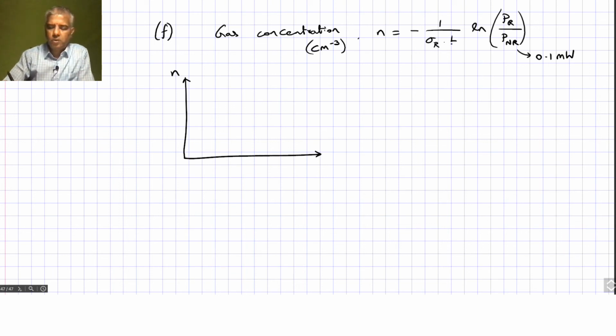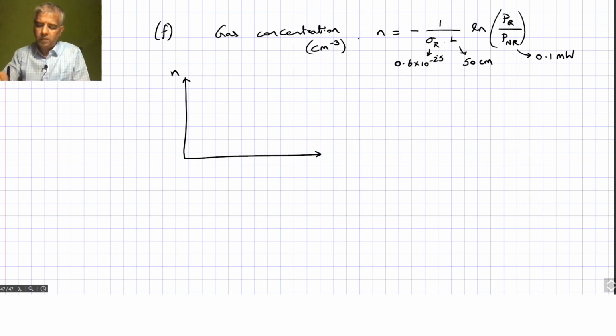Sigma R we know is 0.6 into 10 power minus 25 at the resonant wavelength, right? L we know is 50 centimeters, right? So all these are constant, and only PR changes.